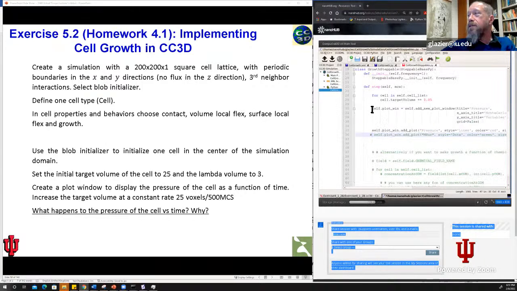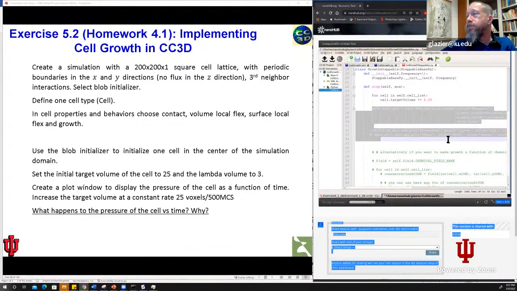And I put this in the wrong place. I need to put it in the start function, not the step function.